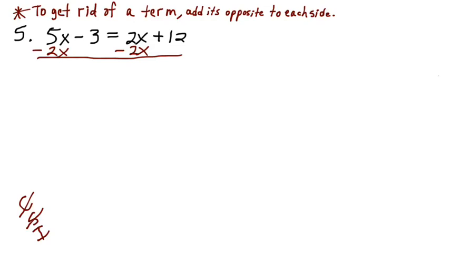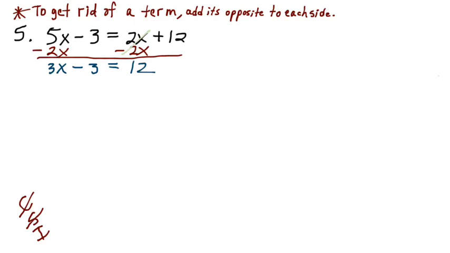So notice on the right side, well, actually, let's do the left side first. 5x and a minus 2x gives you the 3x. You've got to combine that minus 2x with the like term, 5x, and then just bring the minus 3 down. On the right side, notice that these terms add to 0, and you're just left with the 12.